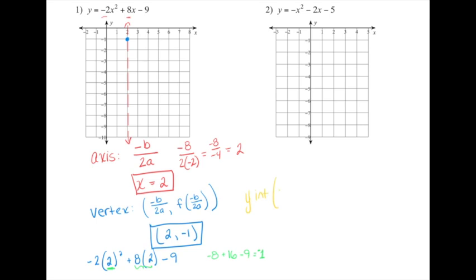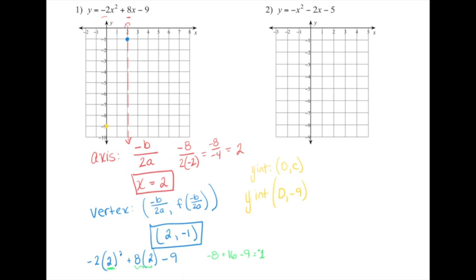So my y-intercept is going to be 0, negative 9. So when it's in standard form, your y-intercept is just 0, c. In this case, 0, negative 9. Well, how do I graph that? I go to my y-axis and I go to negative 9. Okay? So now I have my axis of symmetry, my vertex, and my y-intercept.